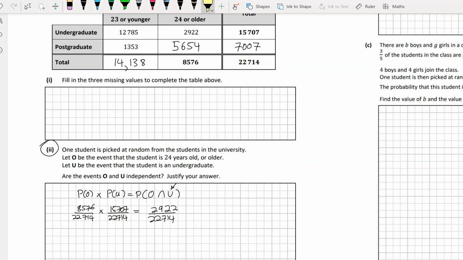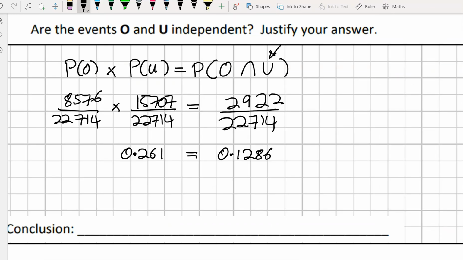Finally, the probability of O intersection U, being 24 and older and being an undergraduate. The people who are 24 and older and undergraduates are 2,922 out of 22,714. We need to check if these two values now are equal. We calculate both sides and we see that they are not equal. Hence our conclusion is they are not independent.